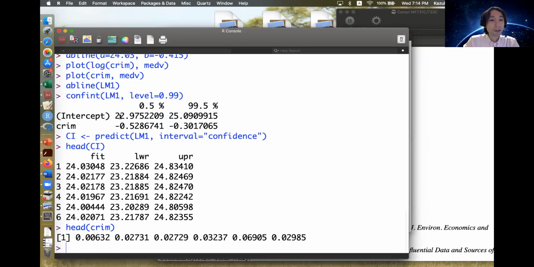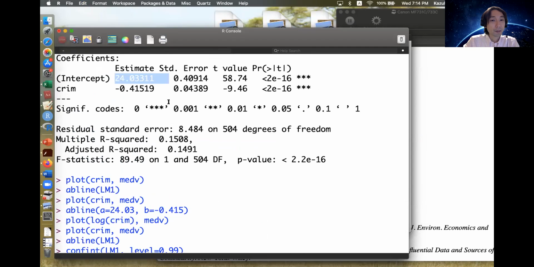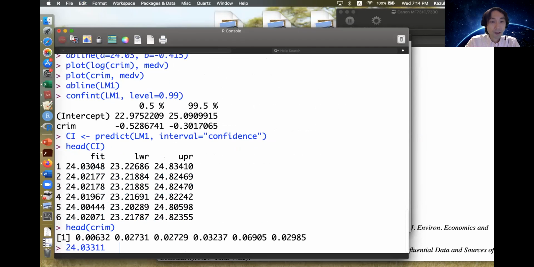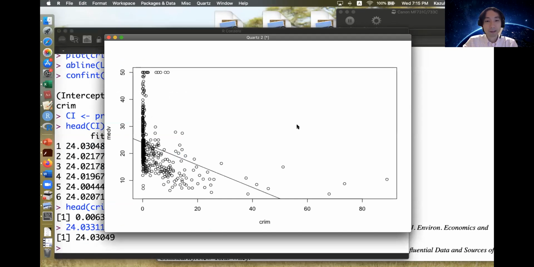The fitted value is using the coefficients: 24.03 minus 0.415 times the crime rate 0.00632, then you get the same value as here. Maybe there is some rounding error, but this way you can get the fitted value. And this is the lower bound, and this is the upper bound. So we want to draw the lower bound and upper bound on the graph.